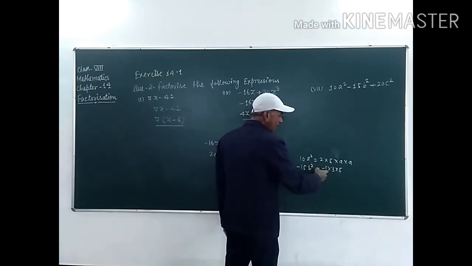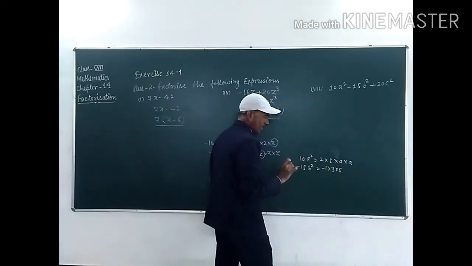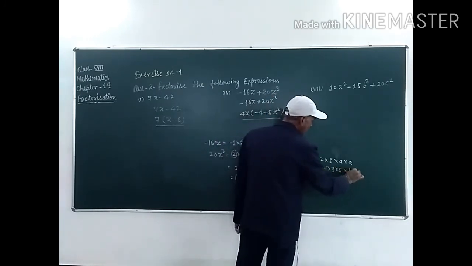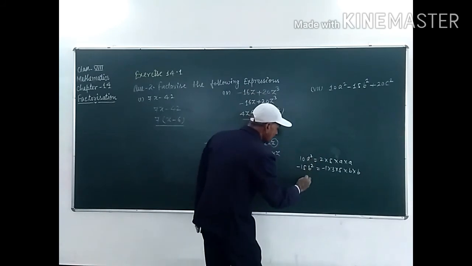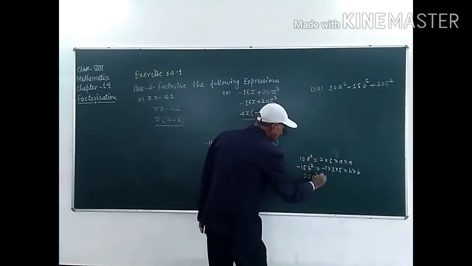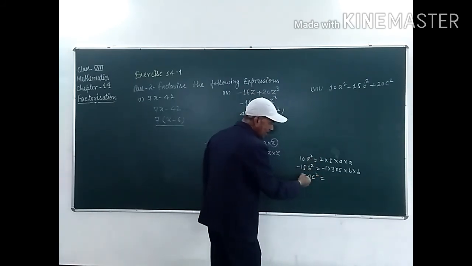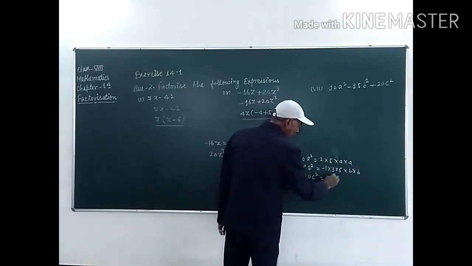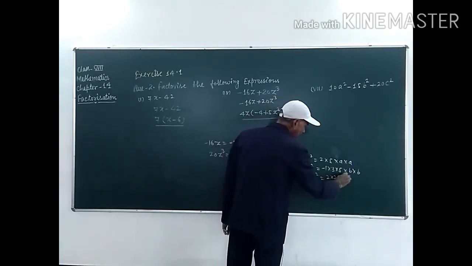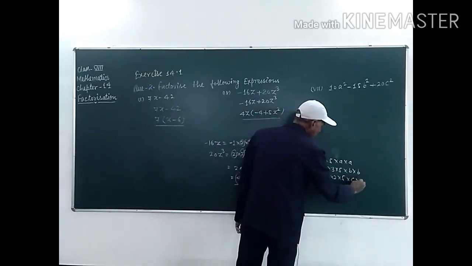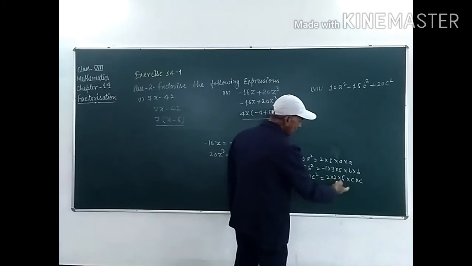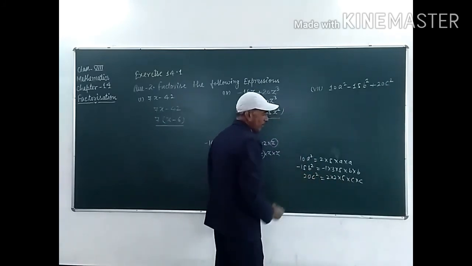If we multiply this, minus 1 into 3, that is minus 3, into 5, minus 15 into b into b. And after that we have to take 20c square. So what are the factors of this 20c square? 2 into 2 into 5, 2 2s are 4, 5 4s are 20, into c into c. C will be 2 times because here it is c square.